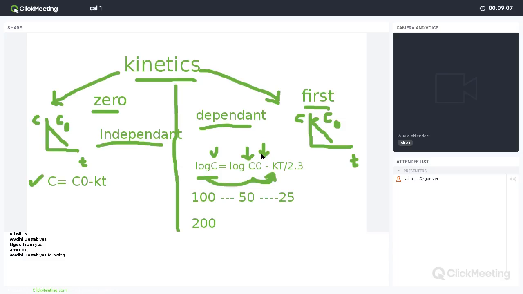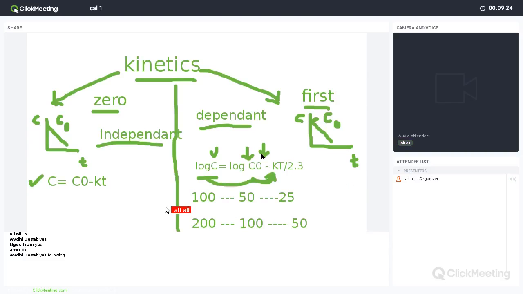After another half-life, it will be 25. With the other example, after a half-life, 200 will be 100, and after another period of time, it will be 50.